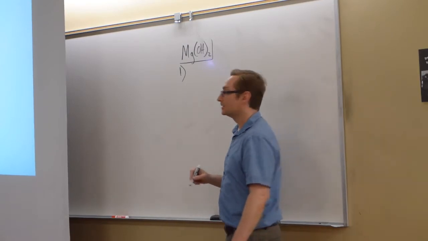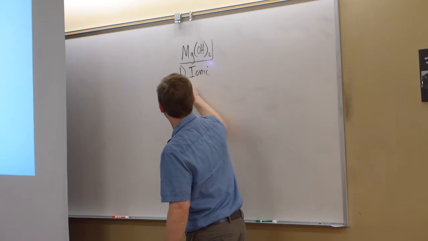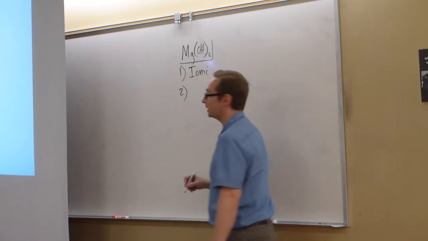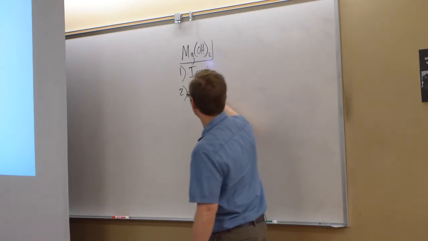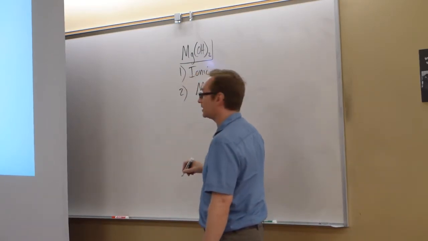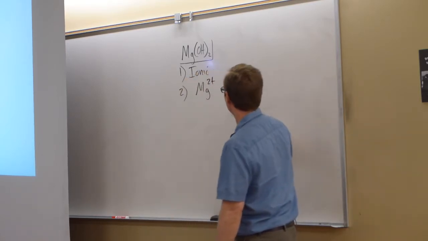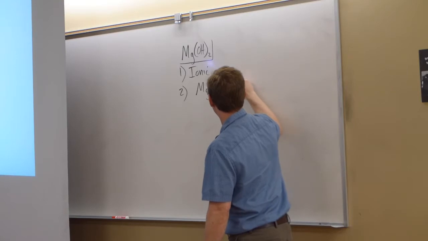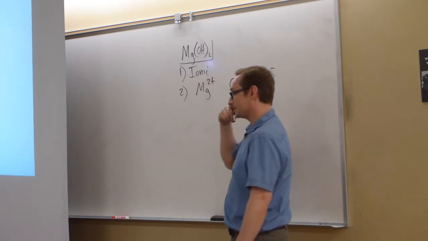So this is ionic. Okay, how many valence electrons do I have? Well, let's break it up. Let's break up the ions. Right, magnesium 2 plus, OH minus, and another OH minus.